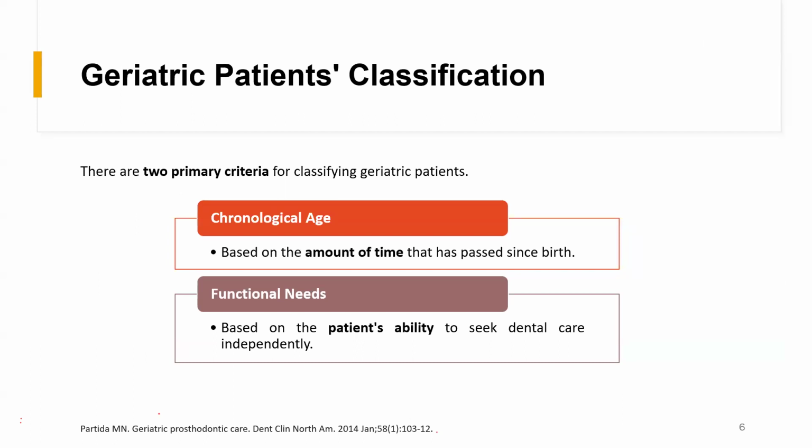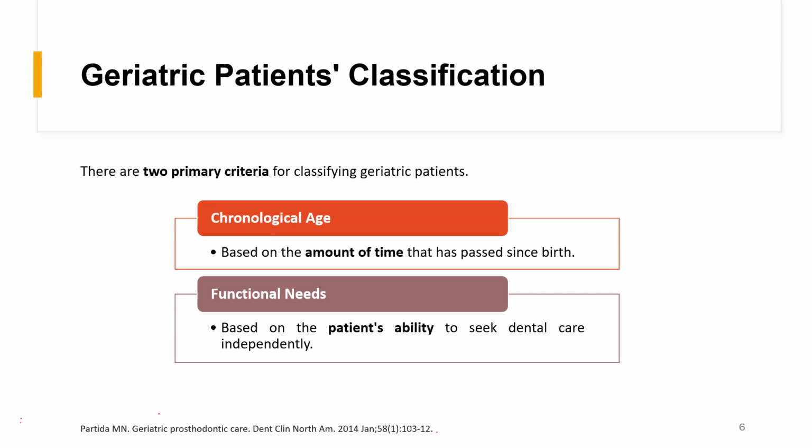Now, classifying the geriatric patients allows for more accurate analysis of the variation within this age group and makes the diagnosis and treatment planning for this age group more personalized, depending on the patient's needs. So we can classify the elderly patients based on their chronological age or based on their functional needs.